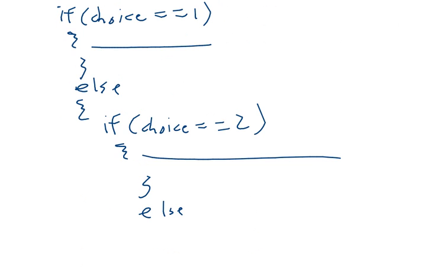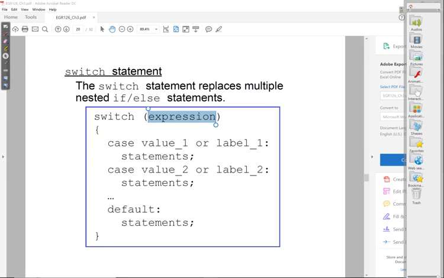But the easiest way to do this is with a switch. You do switch, then look at your variable choice. I'm sorry, I don't use this very often, so oftentimes I forget the syntax. So it's braces and then colons.